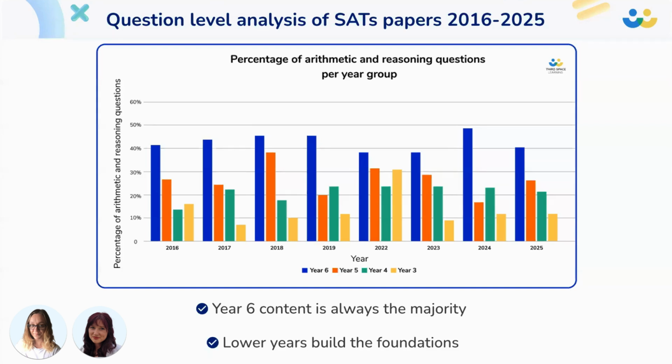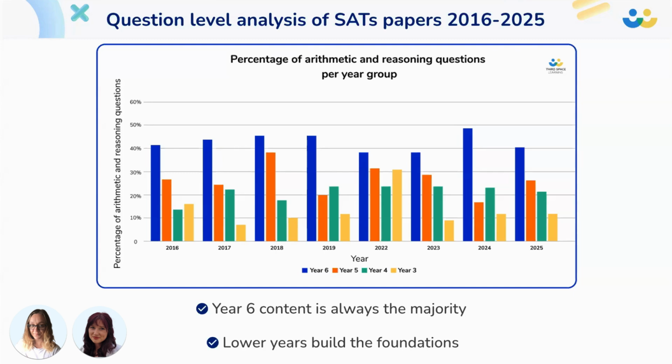Just trying to teach a Year 6 concept in isolation isn't going to necessarily give them the best chance of being able to fully understand it. So I think it's worth, when you are thinking about your revision, making sure that it's balanced into a sequence that allows them to grasp and understand.